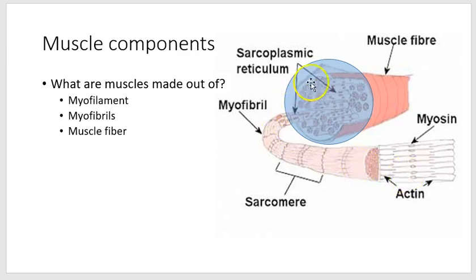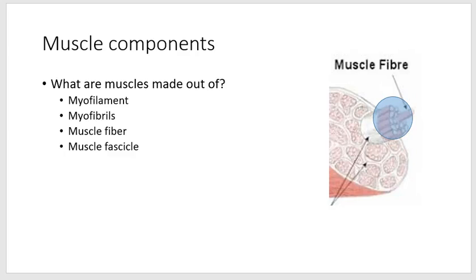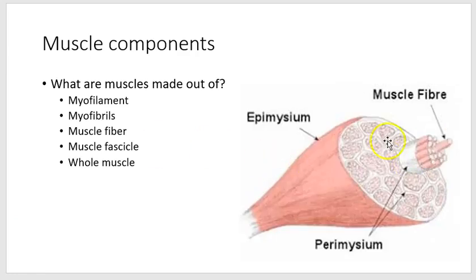Those myofibrils are then contained within a muscle fiber or a muscle cell. Those individual muscle fibers then get wrapped up into a muscle fascicle or a group of muscle cells. And then all those fascicles get wrapped up into the entire muscle.